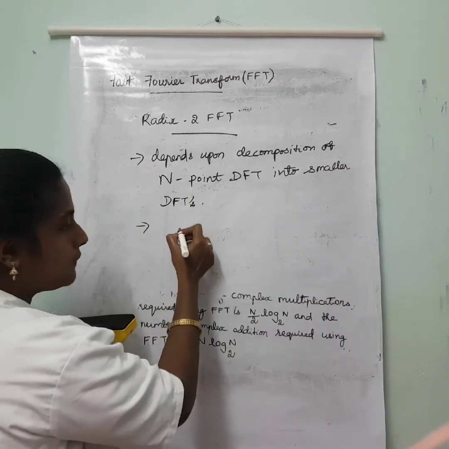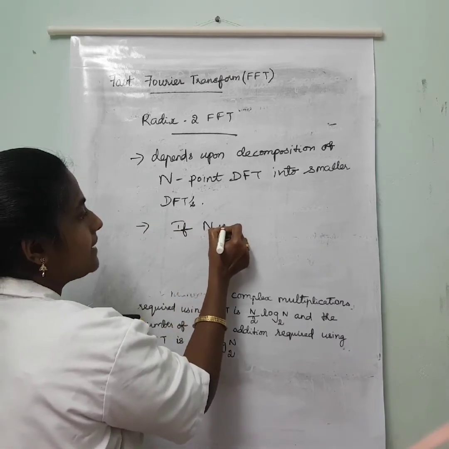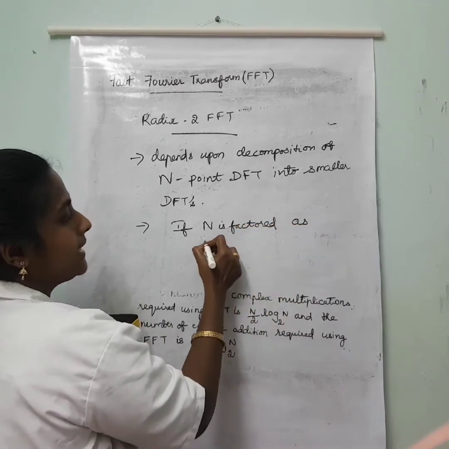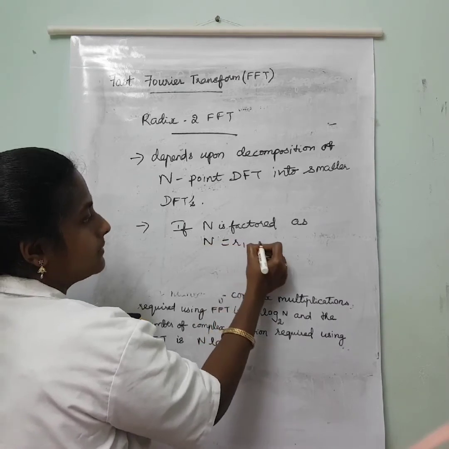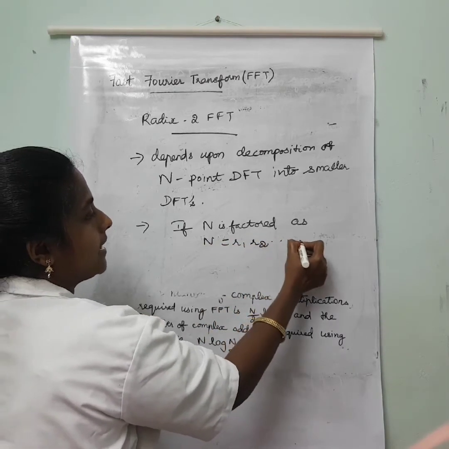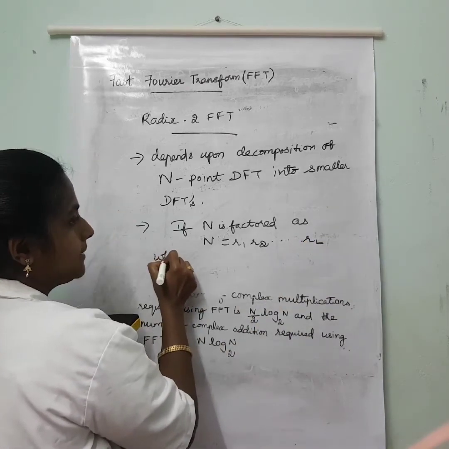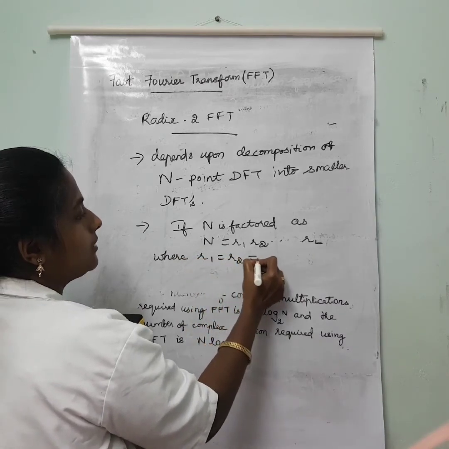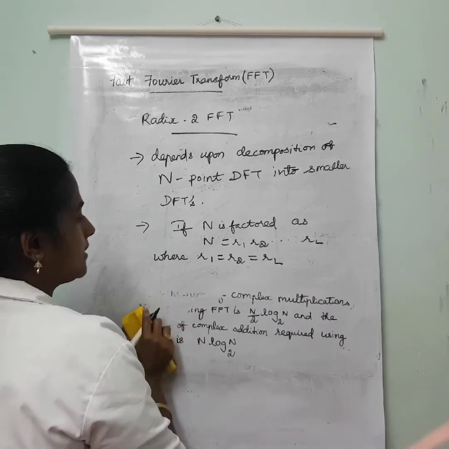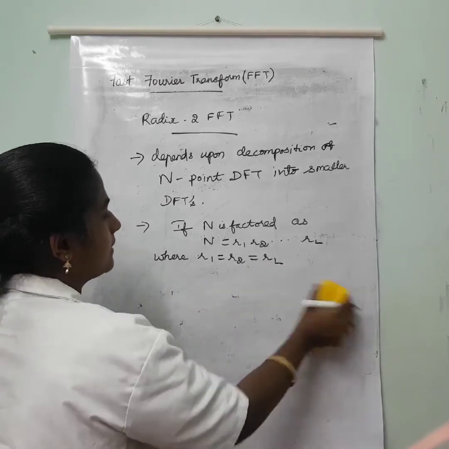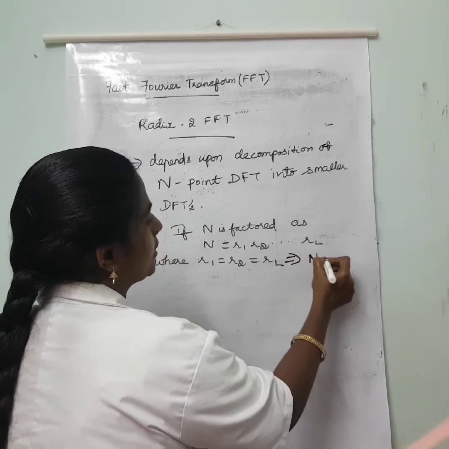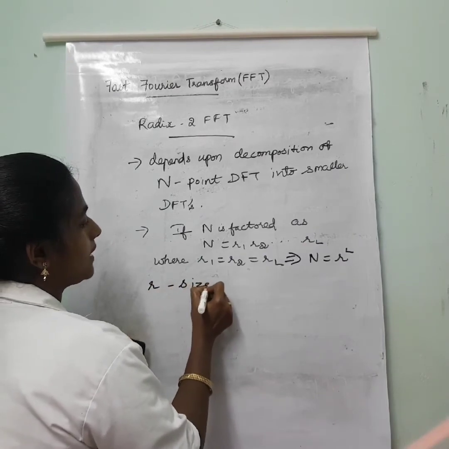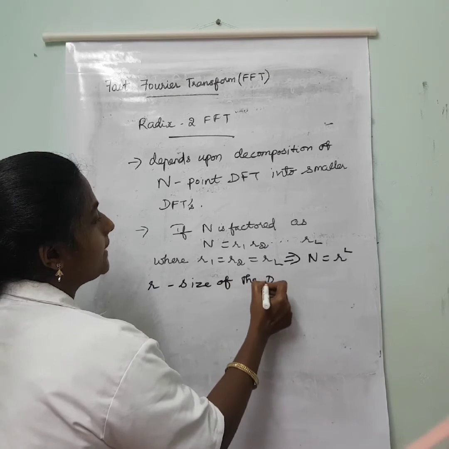Next, if n is factored as n is equal to R1 into R2 etc. into RL, where R1 is equal to R2 is equal to RL, then it implies n is equal to R power L, where R is the size of the DFT.